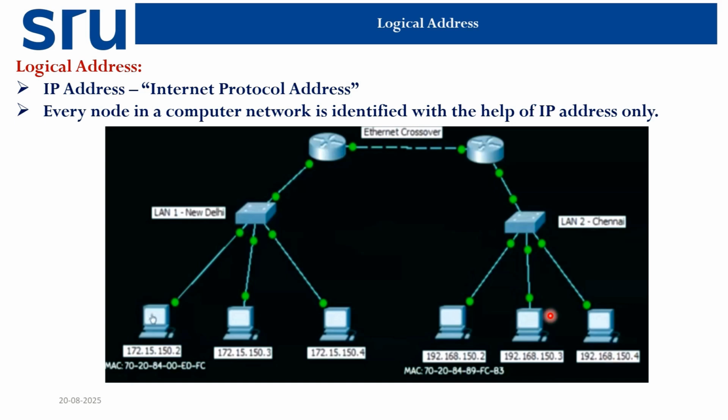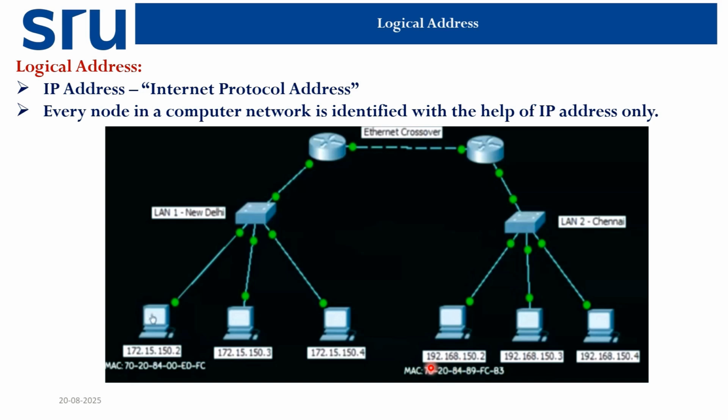Here the local area network ranges from 192.168.150.2, and it is assigned 3 and it is assigned 4. The next device, the newcomer, is assigned some other IP address within this network range, that is 192.168.150, and I can assign either 5 or 6, anything. 192 means, based upon the class, it represents a class C address.